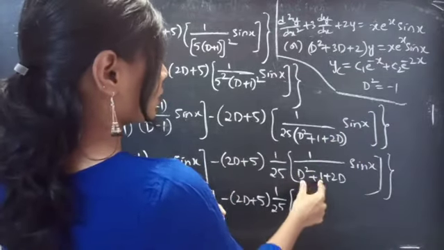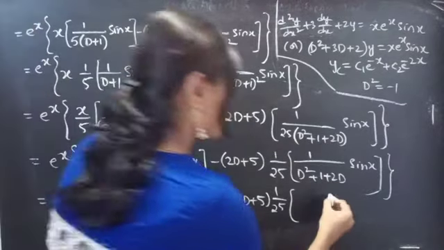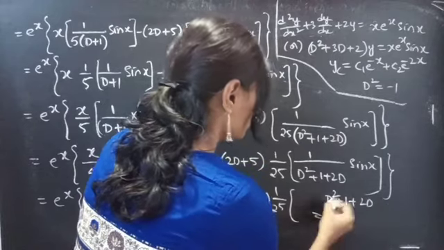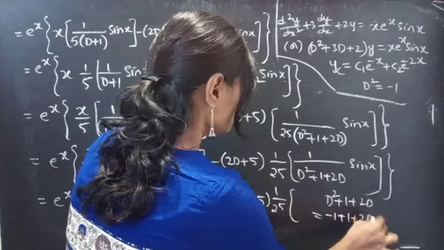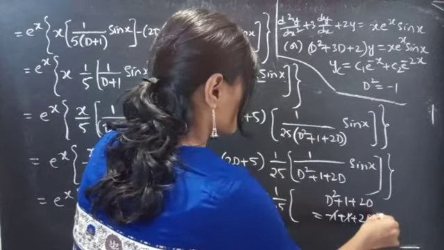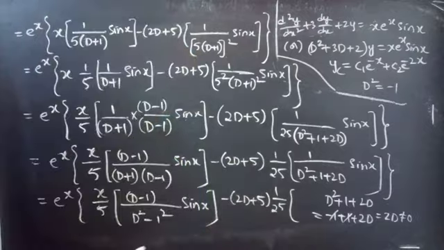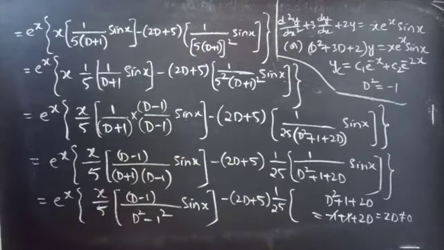Minus 1 plus 1 gets cancelled and we get 2d, which is a non-zero term. The denominator is non-zero by replacing d square with minus 1, so I can replace d square.